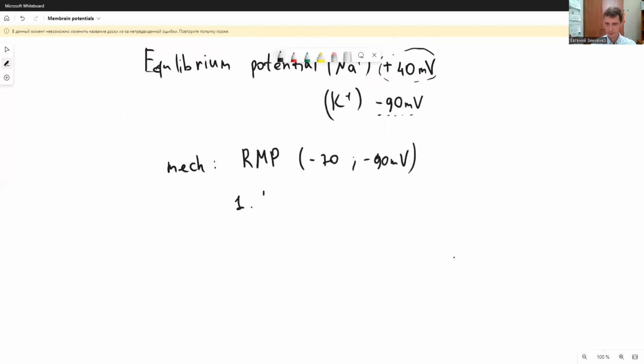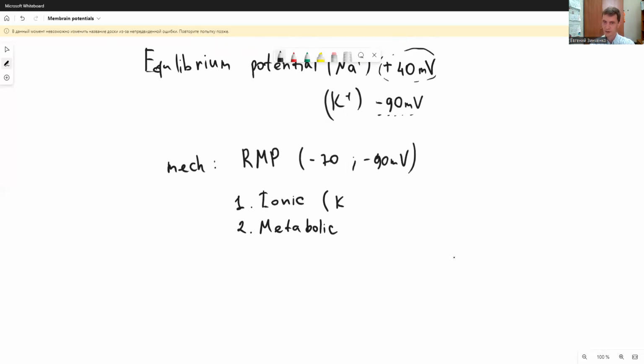First is ionic. Second one is metabolic mechanisms. Ionic mechanisms are explained by the permeability of the cellular membrane for ions in the resting period.